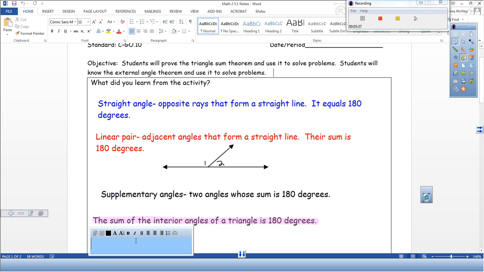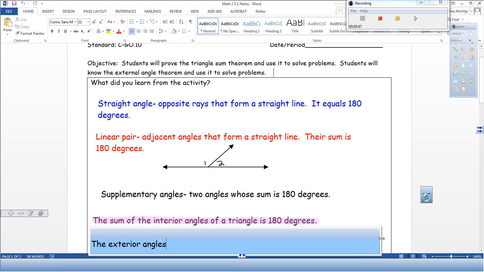And the other one is the exterior angles of a triangle.